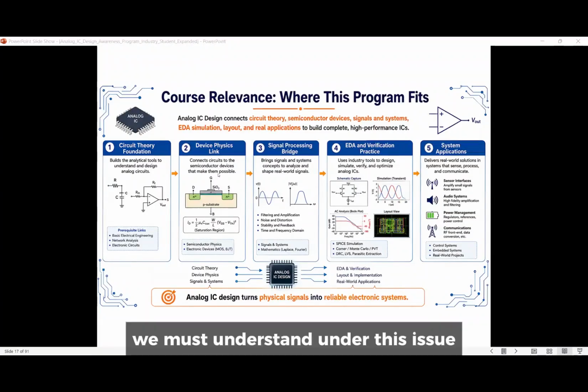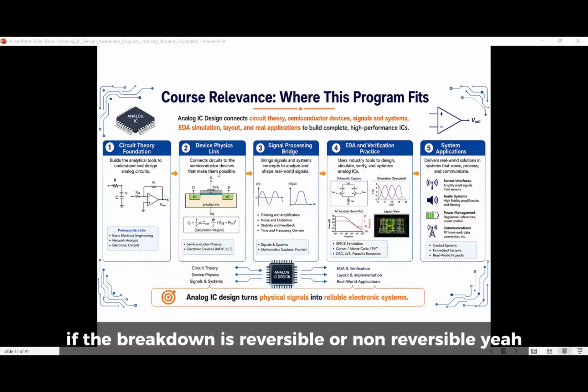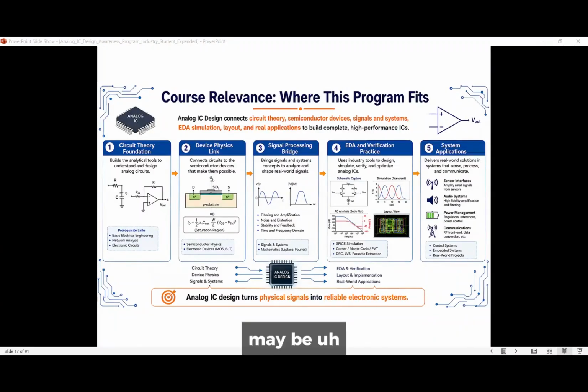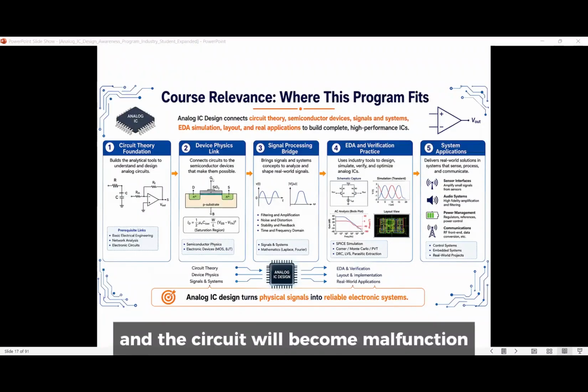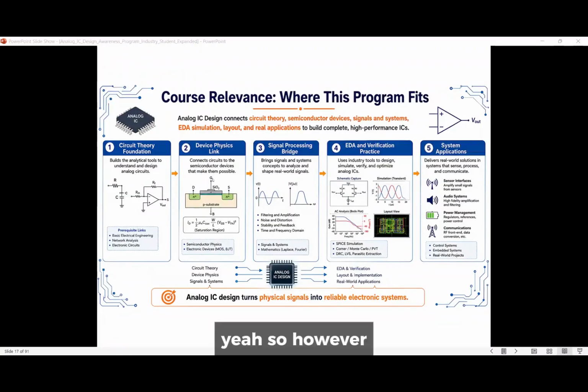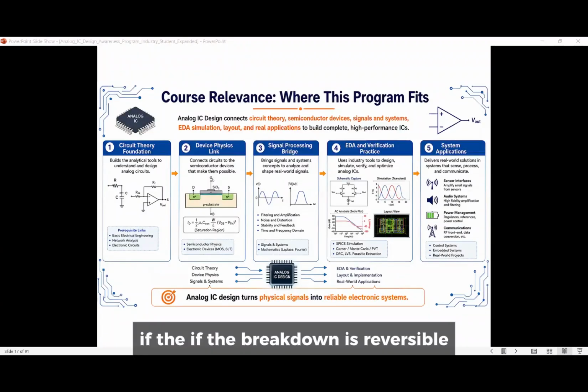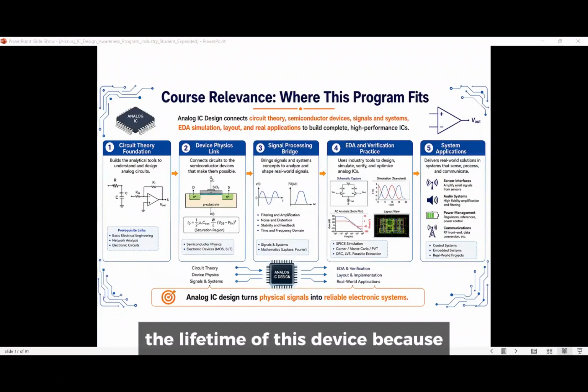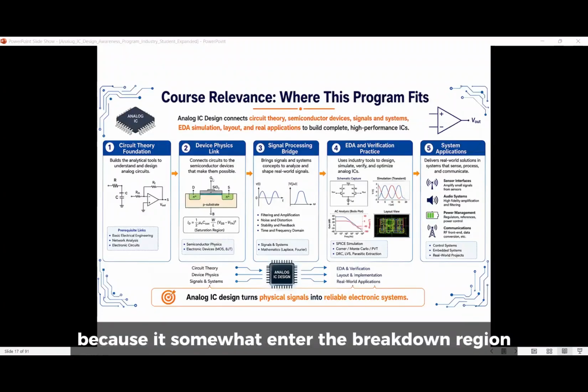We must understand whether the breakdown is revertible or non-revertible. If it is non-revertible, the transistor may be broken permanently, and the circuit will malfunction. However, if the breakdown is revertible, it is somewhat safe, but we must still evaluate the lifetime of the device because it has entered the breakdown region.